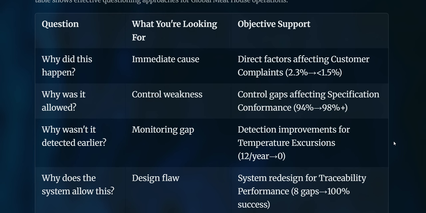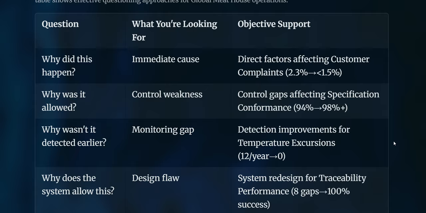Third type of question, why wasn't it detected earlier? What we are looking for with such a question is to detect the monitoring gaps. An objective we need to align with here is detection improvement for temperature excursion elimination. The fourth type of question, why does the system allow this to happen?